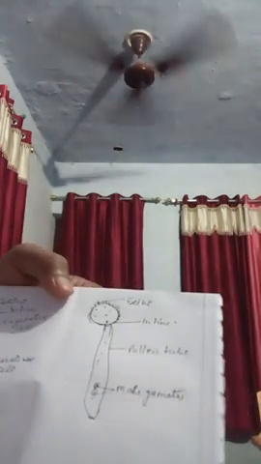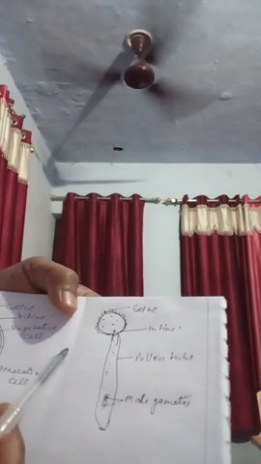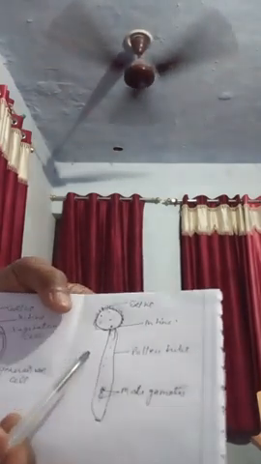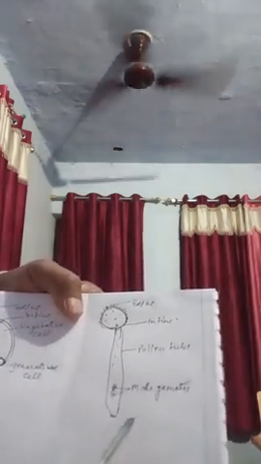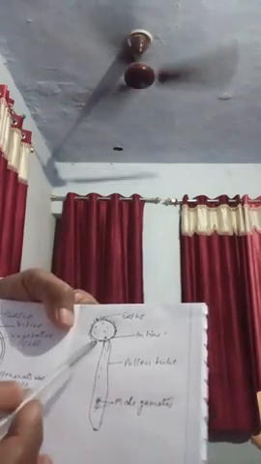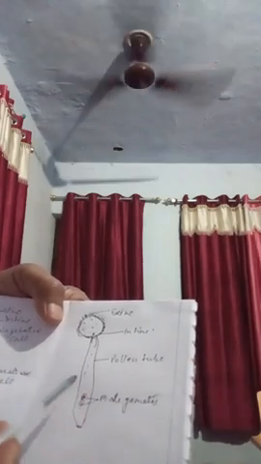Now when pollen grains fall on the surface of the stigma, they start germinating, and this is the condition when they are germinated. During germination, a pollen tube arises from the pollen grain.